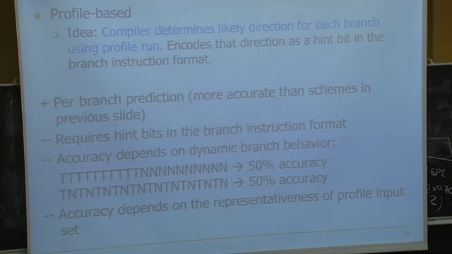If you had just some dynamic information, for example, you recorded what the direction was the last time you executed the branch, then you would get really good accuracy here, except for the transition here. That's the downside of static branch prediction. It doesn't get good accuracy here.